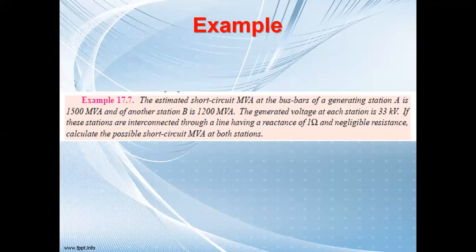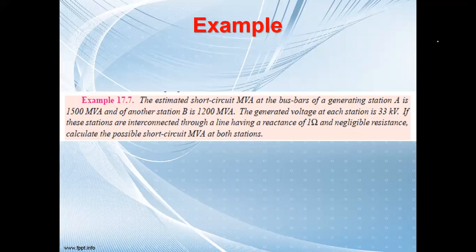The generated voltage at each station is 33 kV. If these stations are connected through a line having a reactance of 1 ohm and negligible resistance, calculate the possible short circuit MVA at both stations.